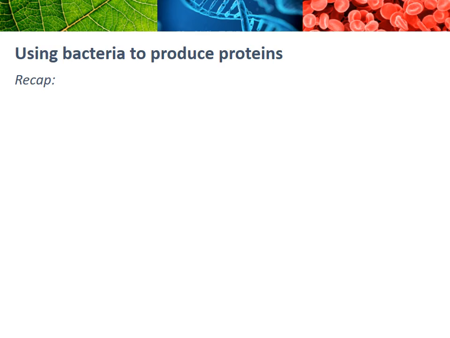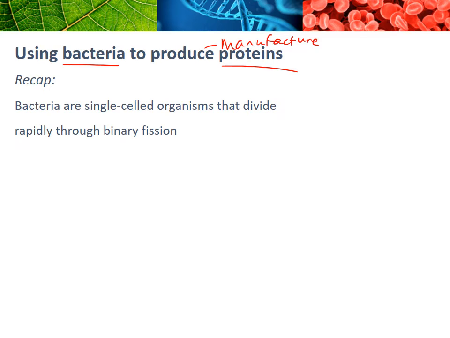Just a bit of a recap here. So this whole lesson looks at using bacteria to produce or manufacture proteins. This is a process that scientists use where we basically use bacteria to make proteins that we might need for medicine, for example. So some really basic theory behind this that you should remember.